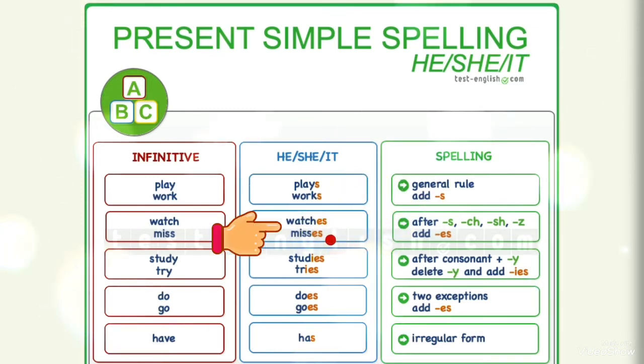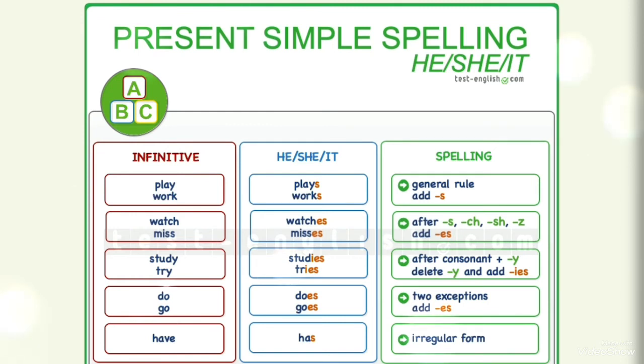Because it will be difficult to pronounce. So I will choose ES. I will put ES. So all verbs that end with S, CH, SH, Z, or X, just like before, we will put ES.